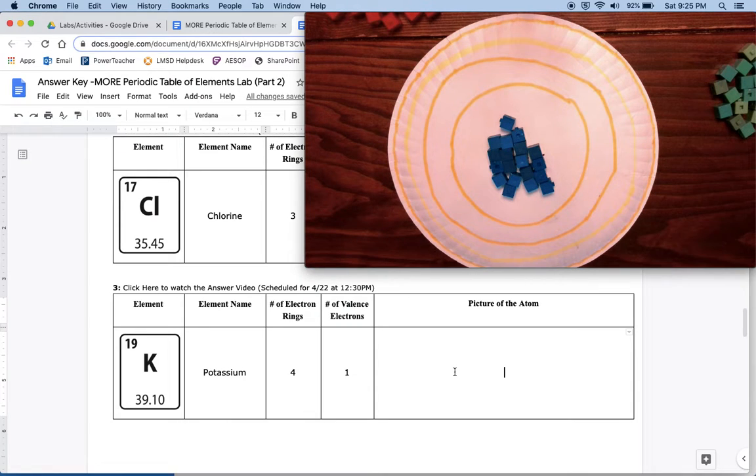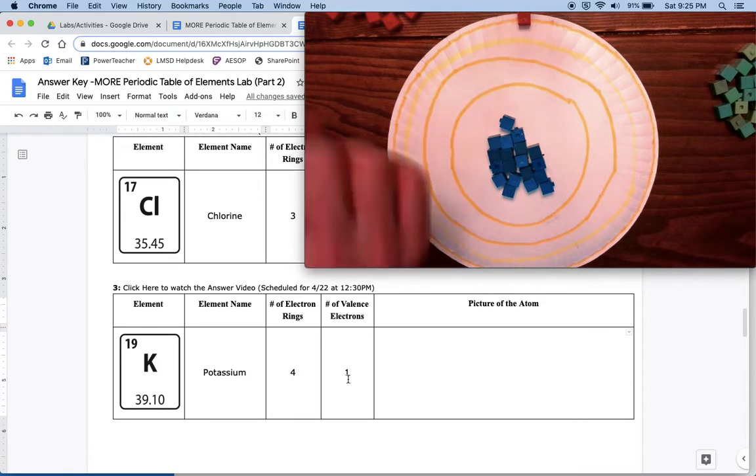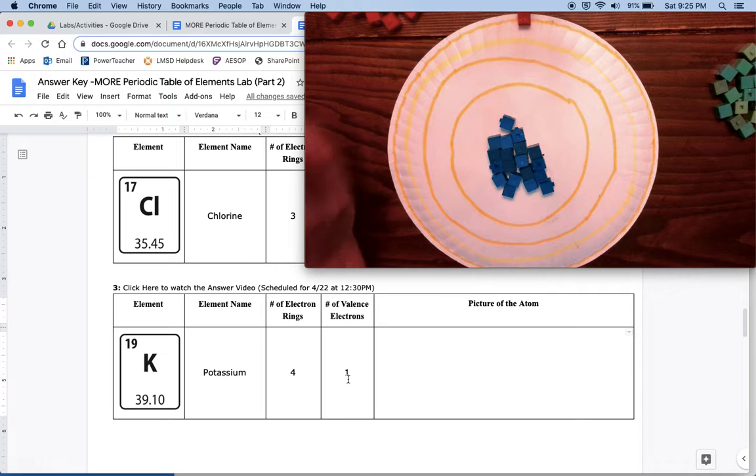But remember, it's really important that we have them in a certain spot, right? So again, I know for a fact that it has 4 electron rings and it's got 1 valence electron, which means I already know that one of them is going to be on the 4th ring. Because remember, valence electrons are the electrons that go on the outermost ring. Even though there's 19 total, only one of them goes on the outermost.